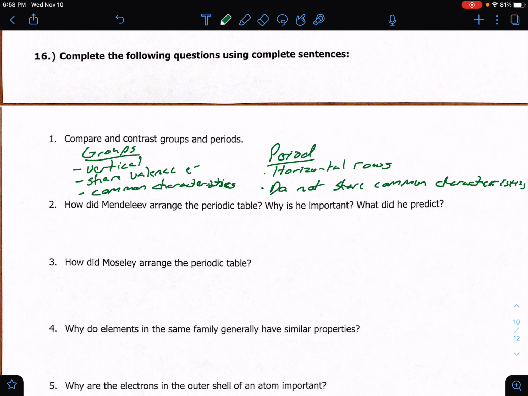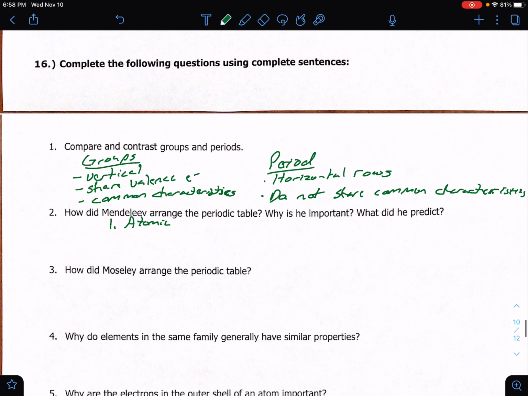Okay. Now, number 2 is, how did Mendeleev arrange the periodic table? Why is he important? What did he predict? So first, he arranged it by atomic weight, basically lightest to heaviest. And then he was also the first to create a useful periodic table.